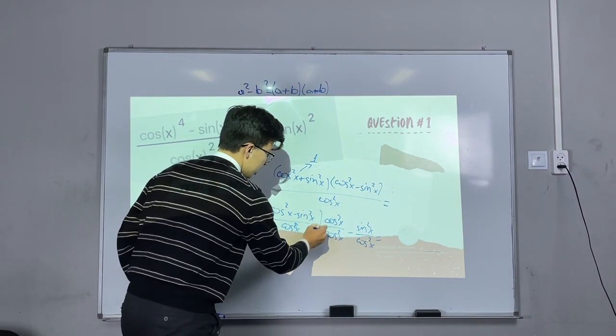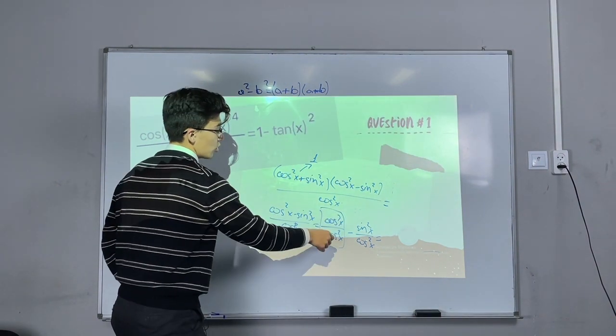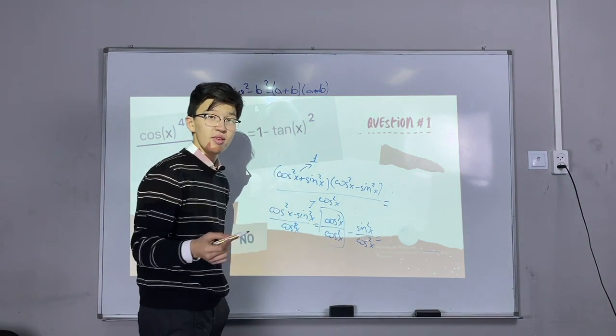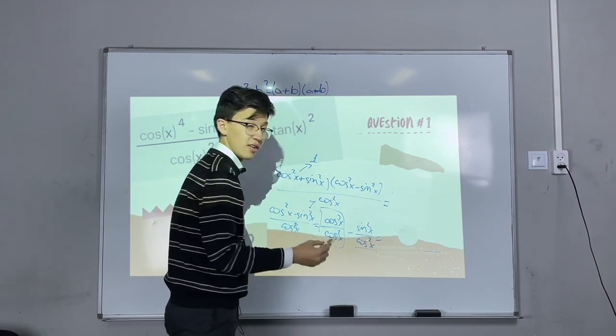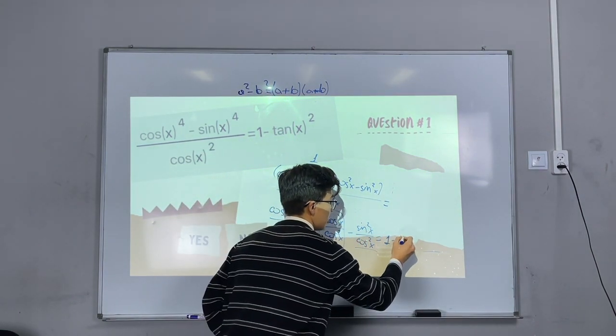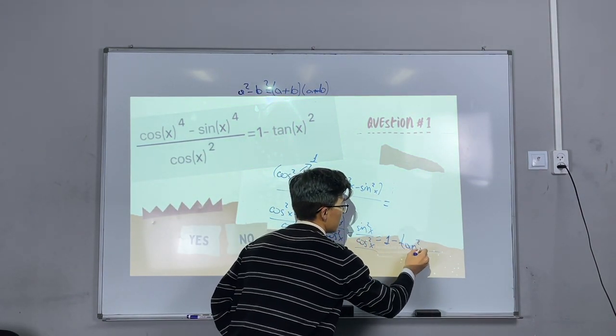Here this part gives us 1, and from the previous example, this part gives us tangent x squared. So we can write just 1 minus tangent x squared.